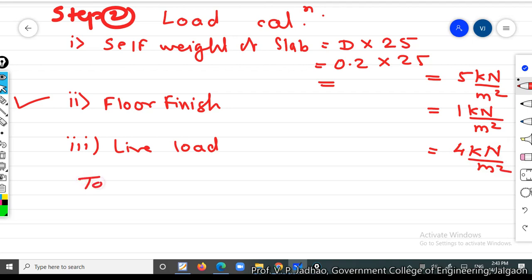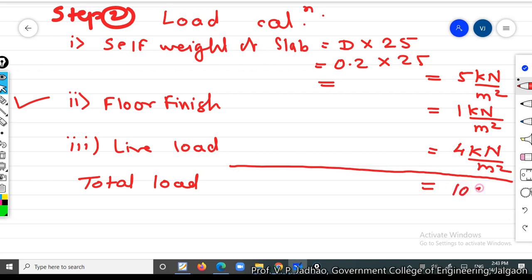Therefore the total load acting on this particular flat slab will be equal to 5 plus 1 plus 4, that is equal to 10 kilonewton per meter square. We can convert this total load into factored load.